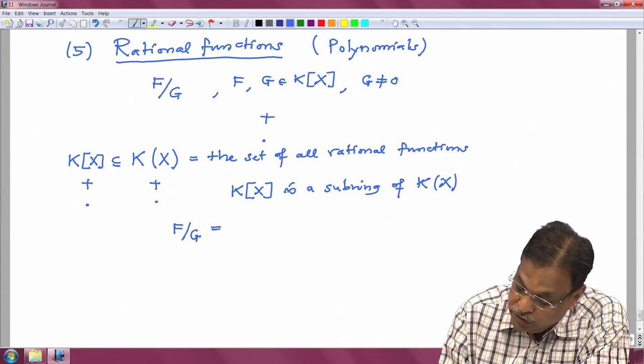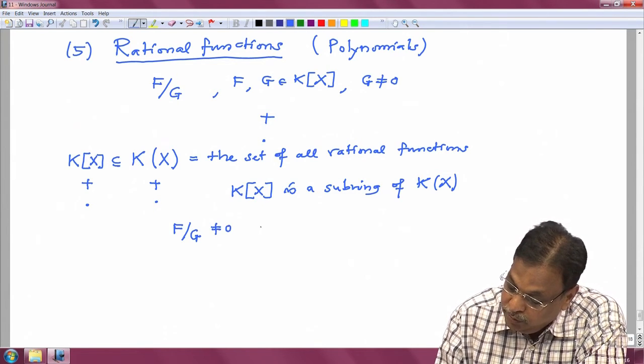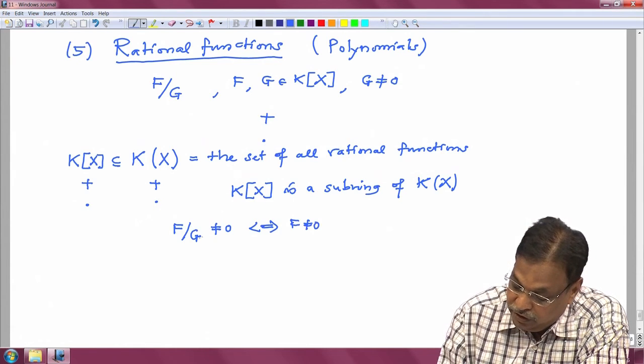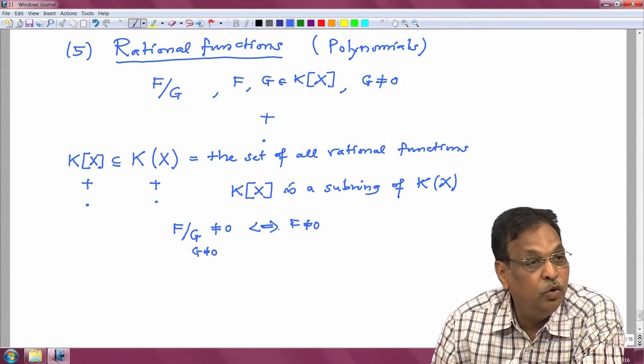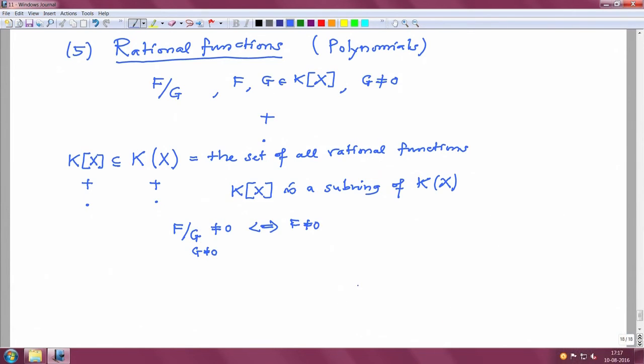Actually it is better, because any rational function, if it is a non-zero rational function, non-zero simply means f is non-zero. Obviously in the definition g has to be non-zero, but a rational function is 0 if and only if the numerator polynomial is 0. So this means I can invert it. That means if f over g is a non-zero rational function, then g over f also makes sense, and that is also a rational function, and this is the inverse of f over g in this ring.